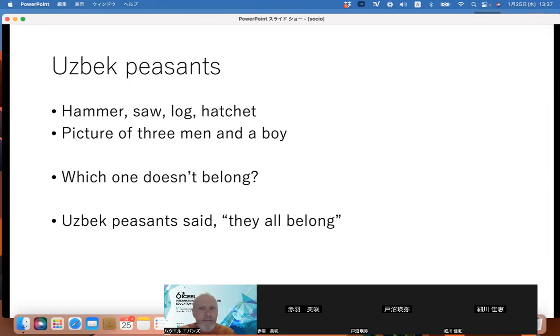Their way of thinking is much more situational, based on their experience. Whereas our way of thinking is more abstract, something we learn in school, and as part of our education, we use these categories. So it's not that the Uzbek peasants are stupid, it's just that they've never had any formal education.